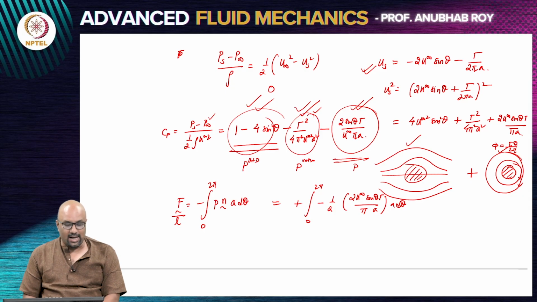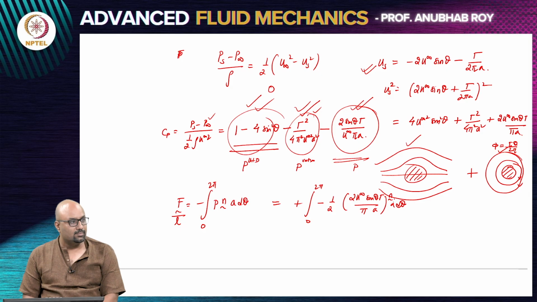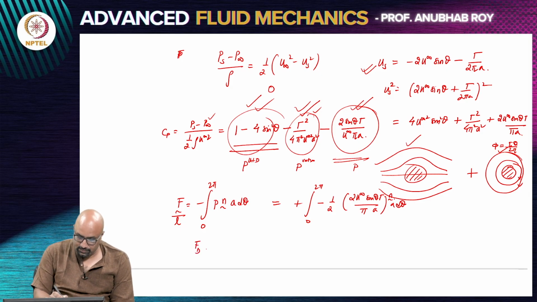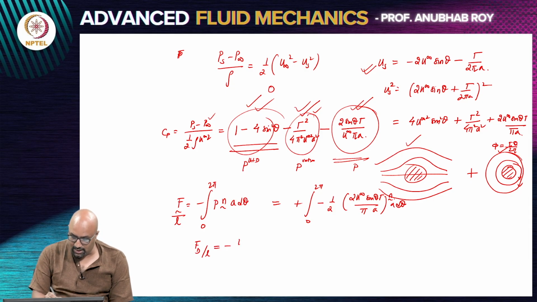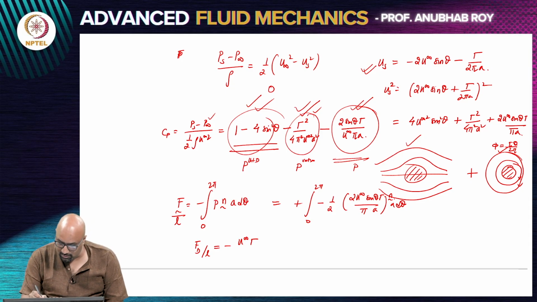You can go through the algebra etc., but it does not matter, and there is an n here, normal. So, drag per unit length. So, I will take out all the constant terms, minus u infinity gamma, I have a rho here which I have again missed out.